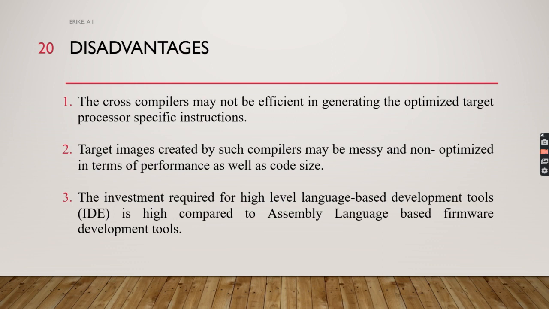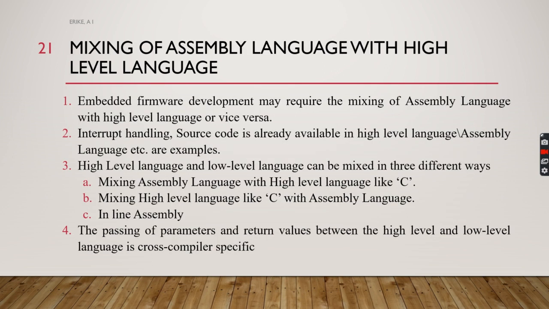Number three, the investment required for high-level-language-based development tools is high compared to assembly-language-based firmware development tools. So these are the basic disadvantages. But if you are able to overcome them, then you are good to go with the high-level language development option.